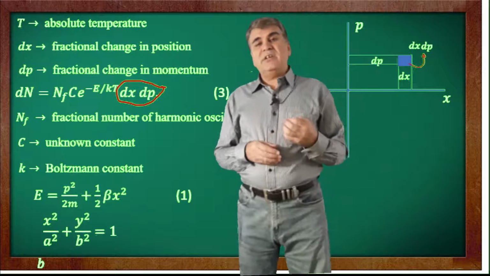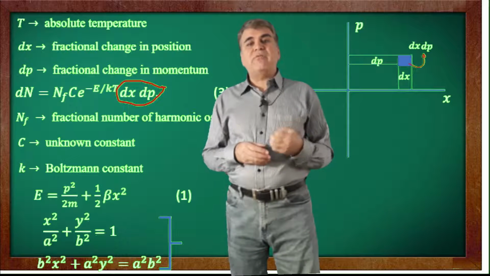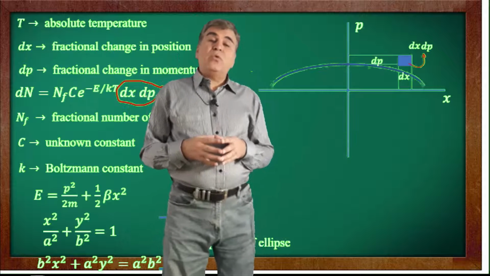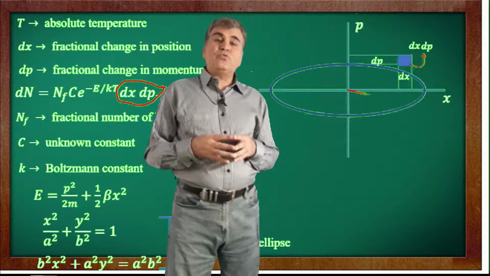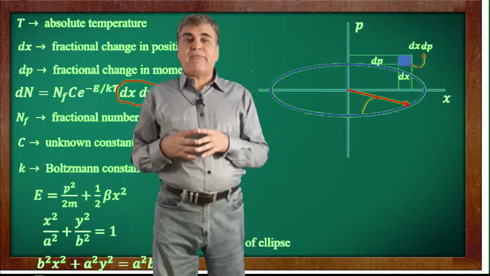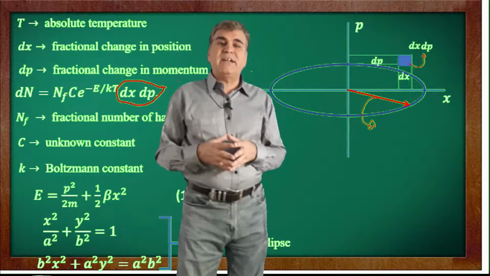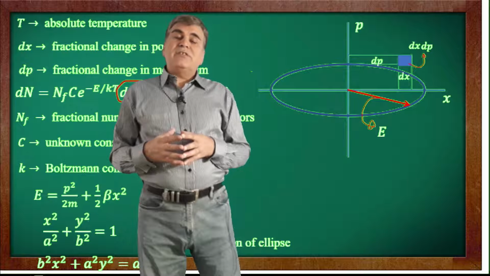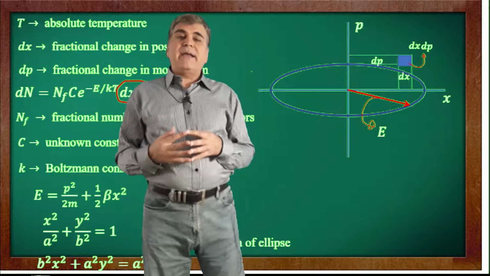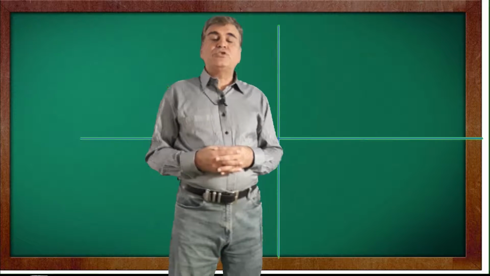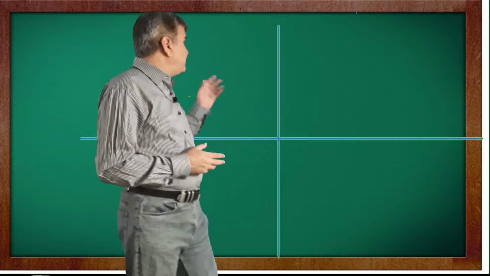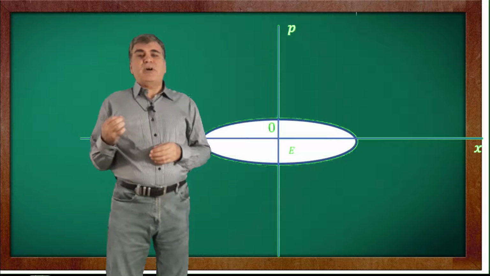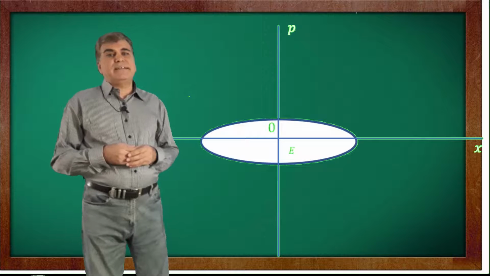Since geometrically equation 1 is similar to the equation of an ellipse, such a curve in the xp plane could be an ellipse with its instantaneous radius or axis representing the energy of the oscillator. So the motion of an oscillator could be described by an elliptical curve of the form shown in the figure. In this geometry, different ellipses will correspond to different energies of the oscillator.